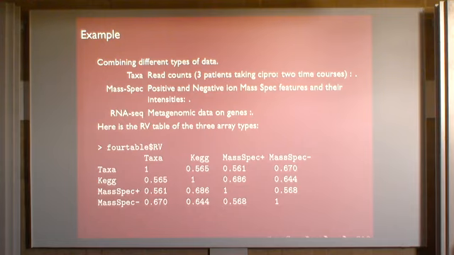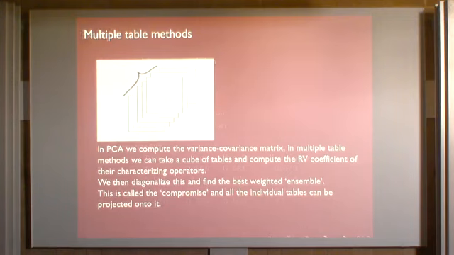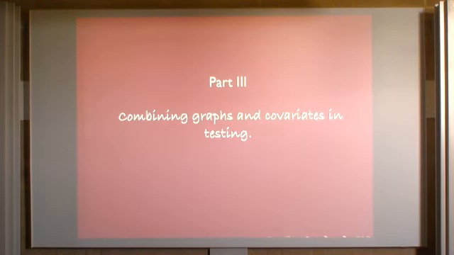We had mass spec data, and we were able to do this multi-domain looking at the links, and we get a correlation matrix in exactly the same way as you would if you had vectors. So this is the multi-domain example.